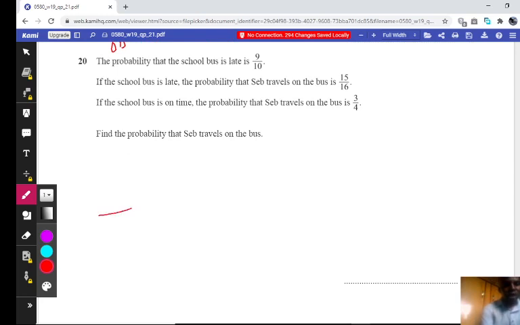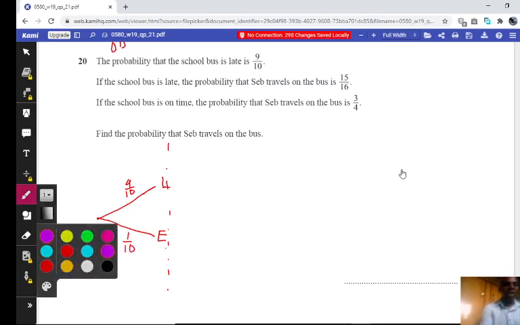How can you draw a tree diagram? First, you have 2 branches. This one is being late and this one is being early. The probability that the school bus is late is 9 over 10. The probability of it being early is obvious, 1 over 10.